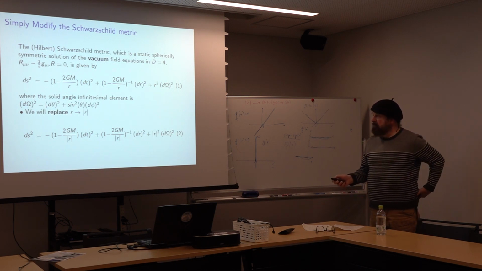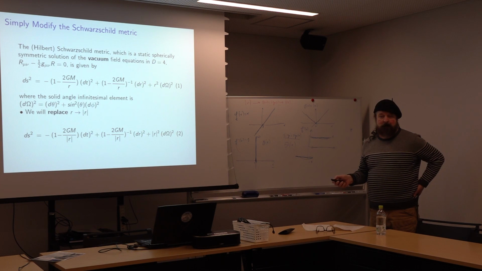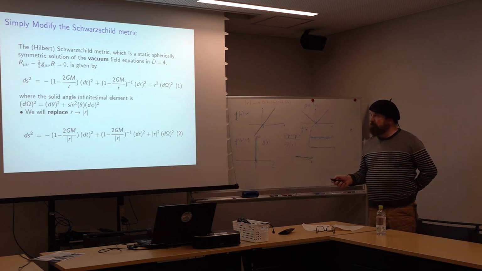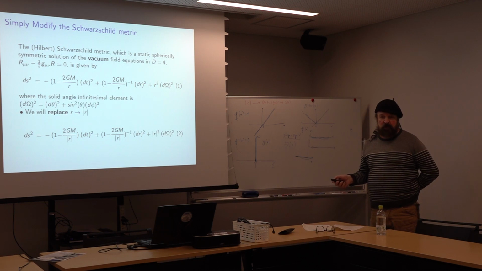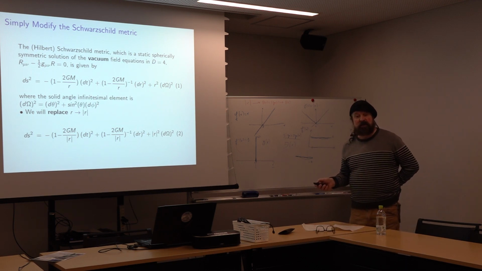Because here, remember, if you evaluate the scalar curvature for this metric, the scalar curvature is going to be 0. The Ricci tensor associated with the Schwarzschild solution is 0. The curvature tensor is not 0. The curvature tensor has 4 entries. So the curvature tensor associated with the Schwarzschild metric is not 0.